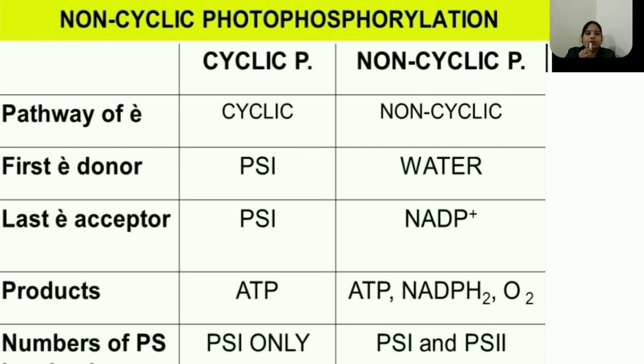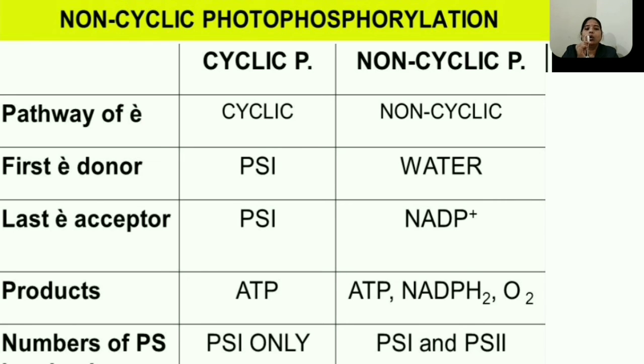In cyclic photophosphorylation the product is energy in the form of ATP, but in non-cyclic photophosphorylation the products are ATP, NADPH2 and water.